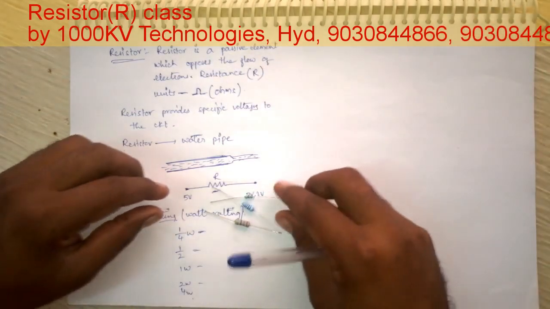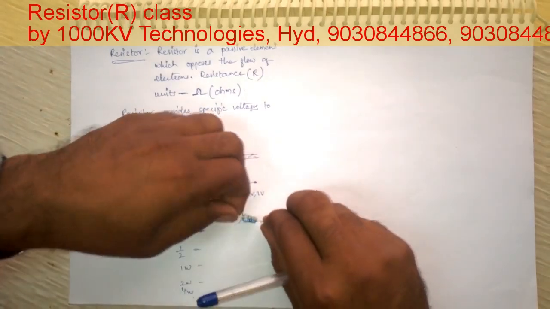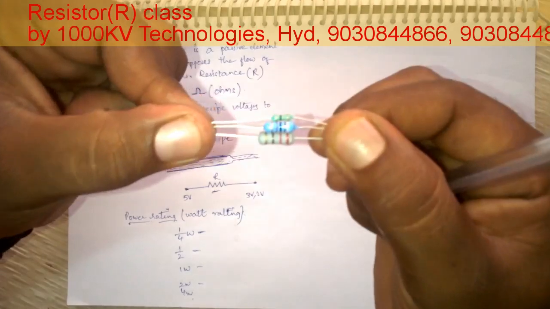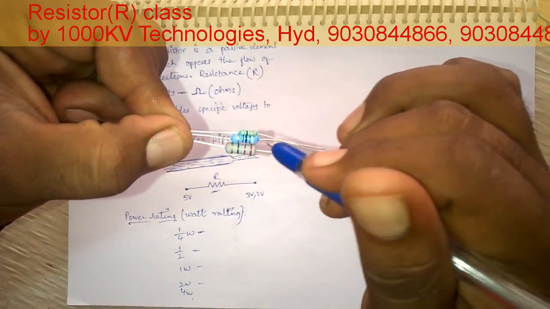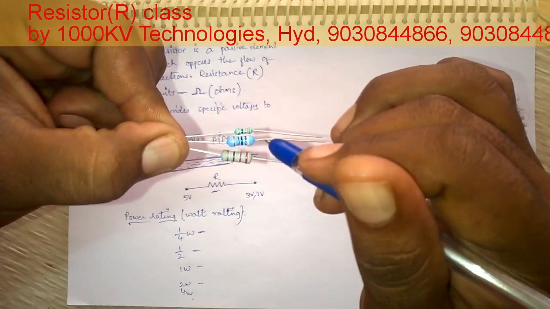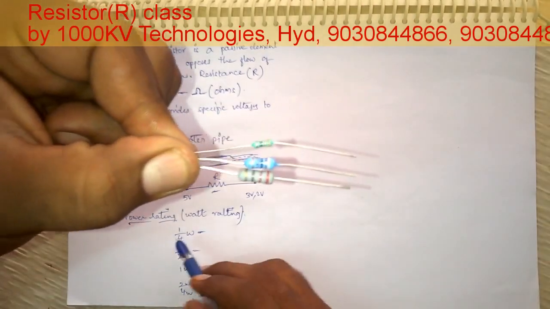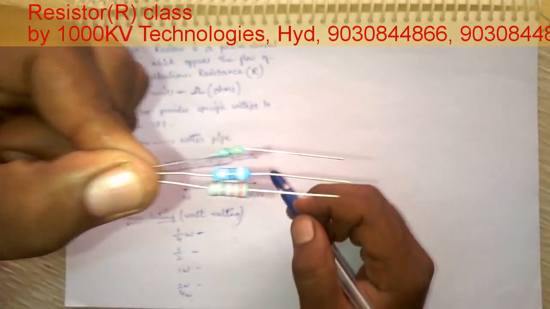See, there is only slight size difference between all these resistors. Quarter watt is smaller than half watt is smaller than 1 watt. When power rating increases, the size of the resistor also increases.